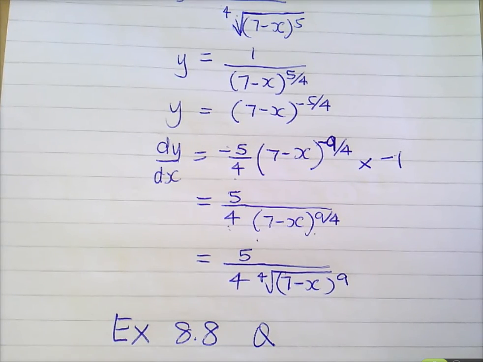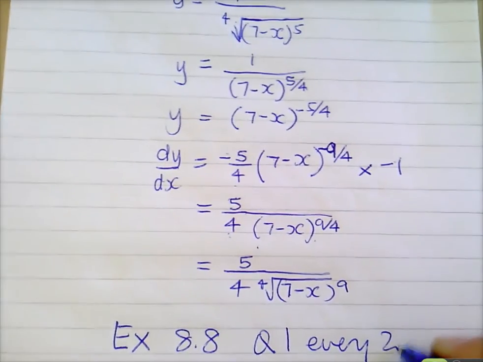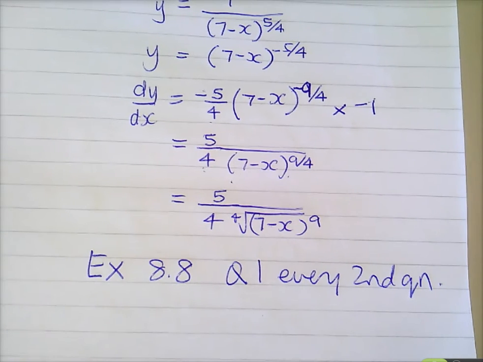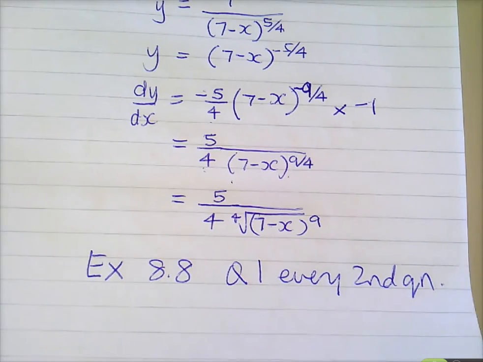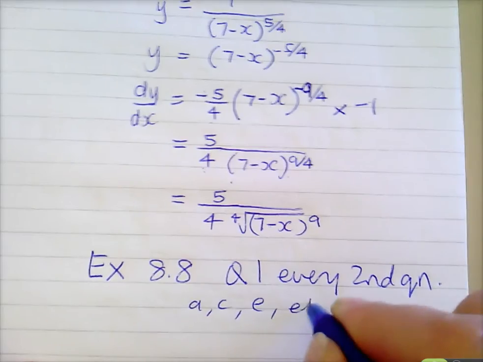They're very repetitive. Maybe just do question 1, every second question. You pick the ones that look hard: A, C, E, etc.